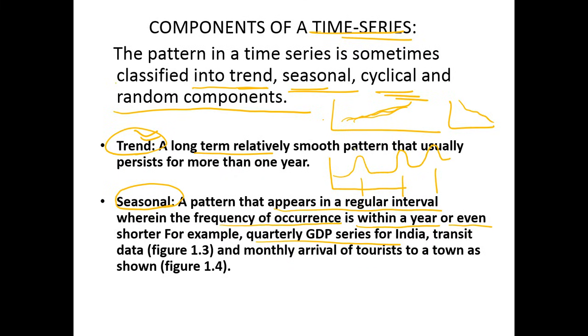You will see that sales data for most consumer companies or e-commerce companies in the month of festivals is at a very high level, or there is a peak in this month. We call that seasonal. That means it happens only in a particular season, and it should repeat within a year or less. If it is happening over more than a year, by definition, it's not seasonal. We'll see what that case means.